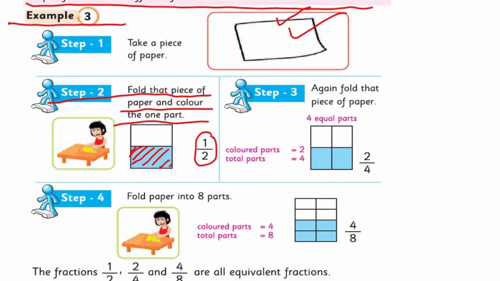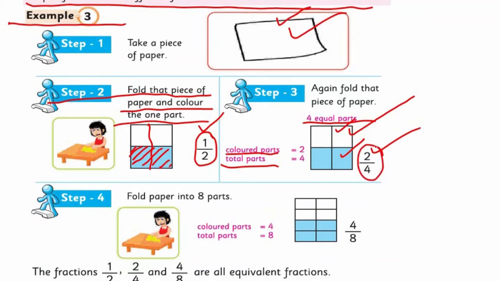When we again fold this piece of paper, this will become these 2 parts. These parts will become these. So there are 2 shaded parts and 2 unshaded. So it is divided into 4 equal parts. So colored parts 2 and the total parts are 4. So the fraction is 2 by 4.